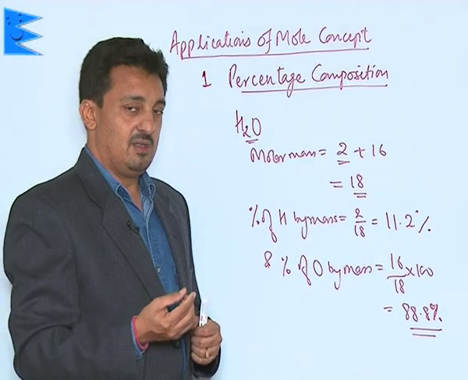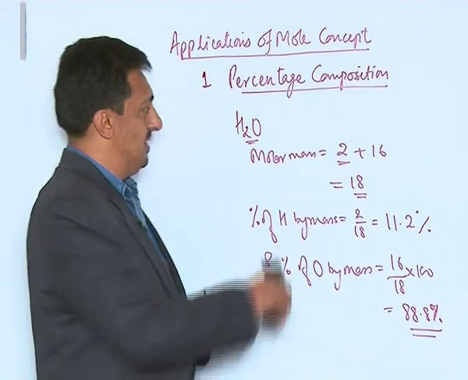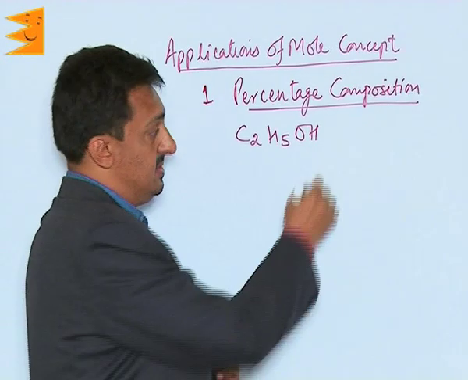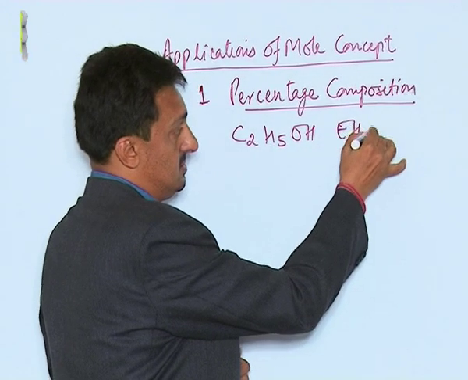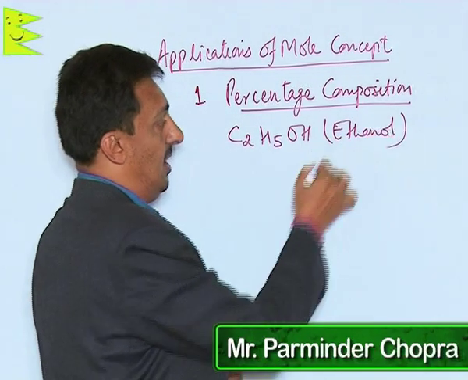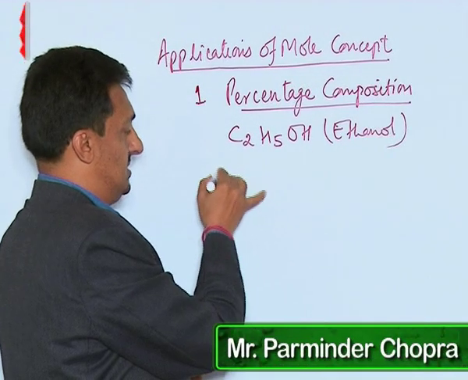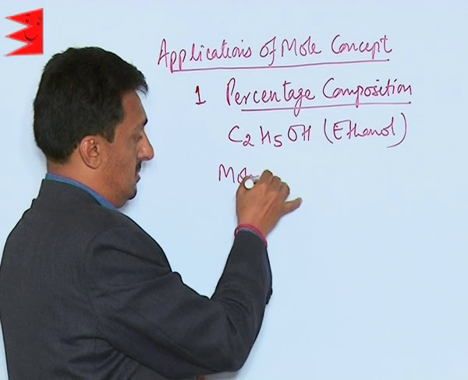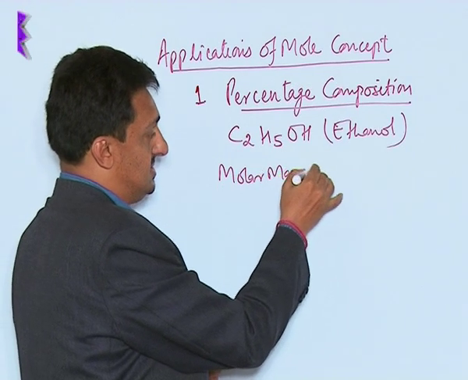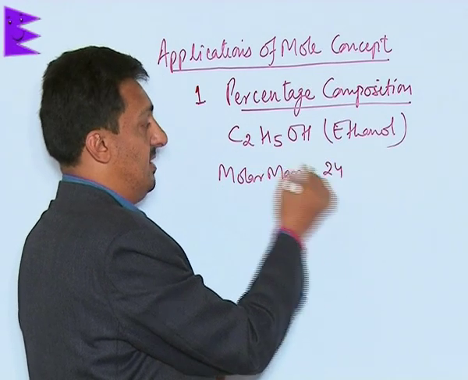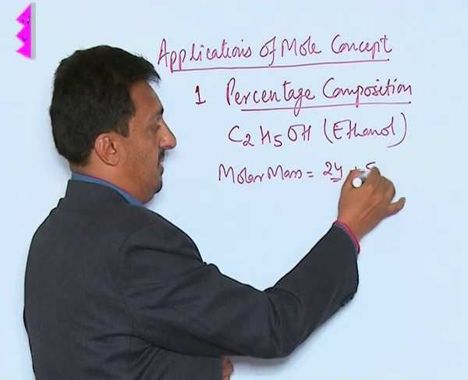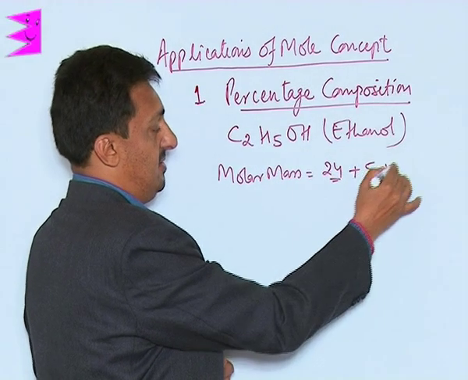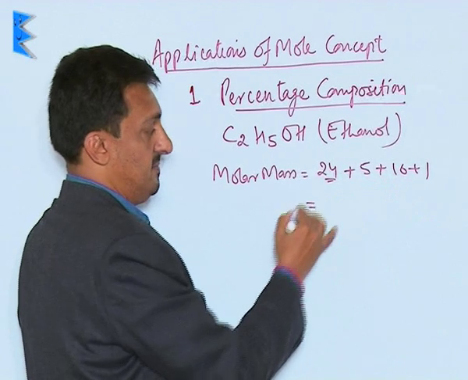Let us take one more typical example, ethanol. In this molecule, the molar mass is, for carbon, 24, plus 5 for hydrogen, 16 for oxygen, plus 1.